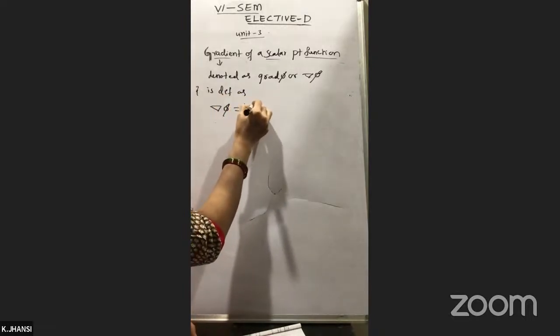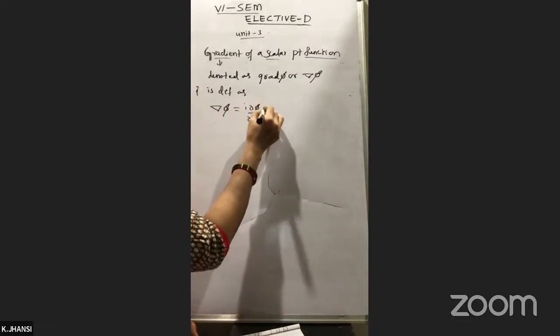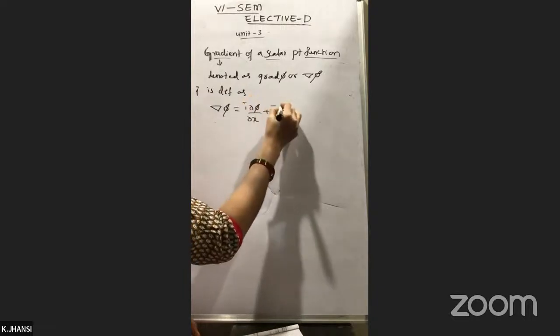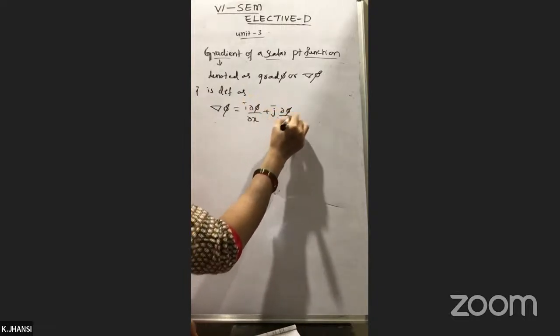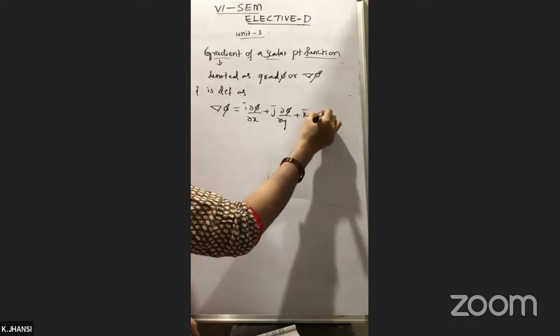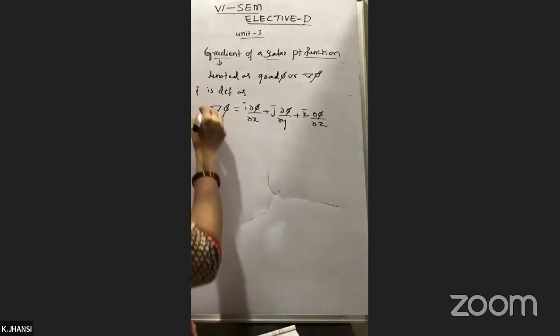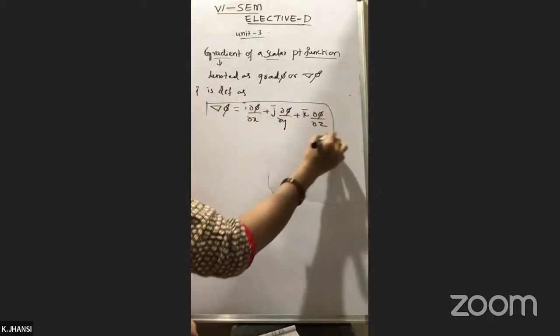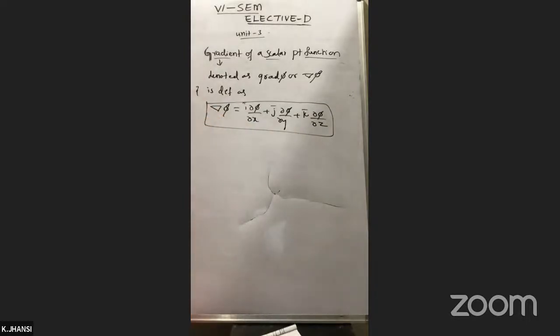It is i ∂phi/∂x plus j ∂phi/∂y plus k ∂phi/∂z. Okay, this is the important one, so you should know the definition of gradient of a scalar point function. Del phi is equal to i into ∂phi/∂x plus j into ∂phi/∂y plus k into ∂phi/∂z.